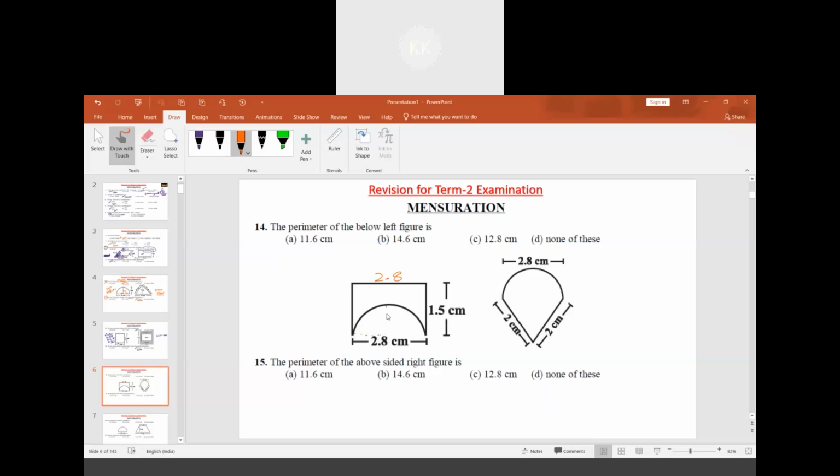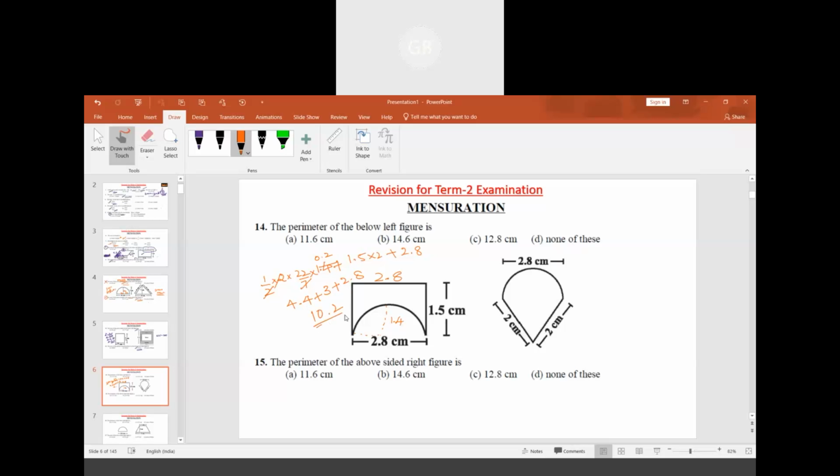So half into 2 pi r, which is half into 2 into 22 upon 7 into 1.4. The 2 and 2 get cancelled. When 22 is multiplied by 0.2, we get 4.4. Plus 3 plus 2.8. 4.4 added to 3 is 7.4, added to 2.8 is 10.2.